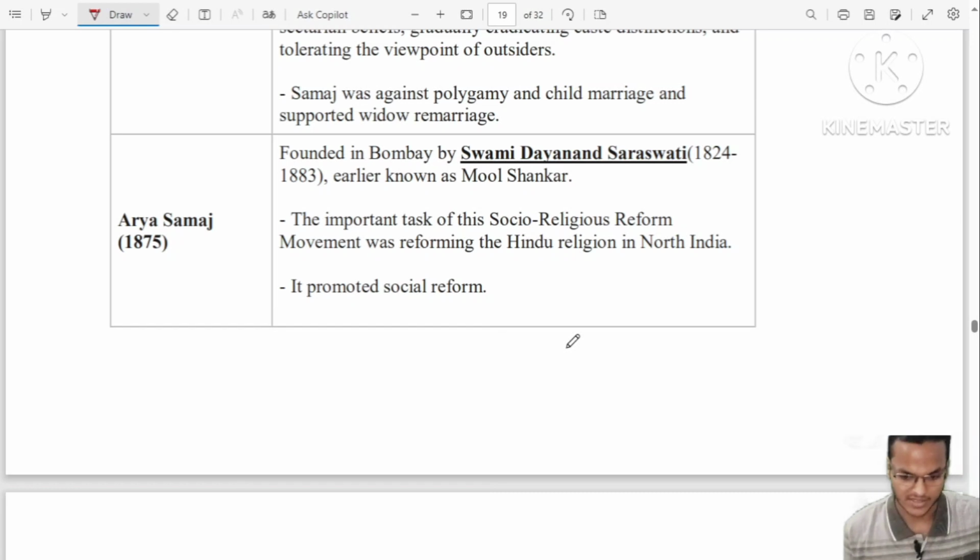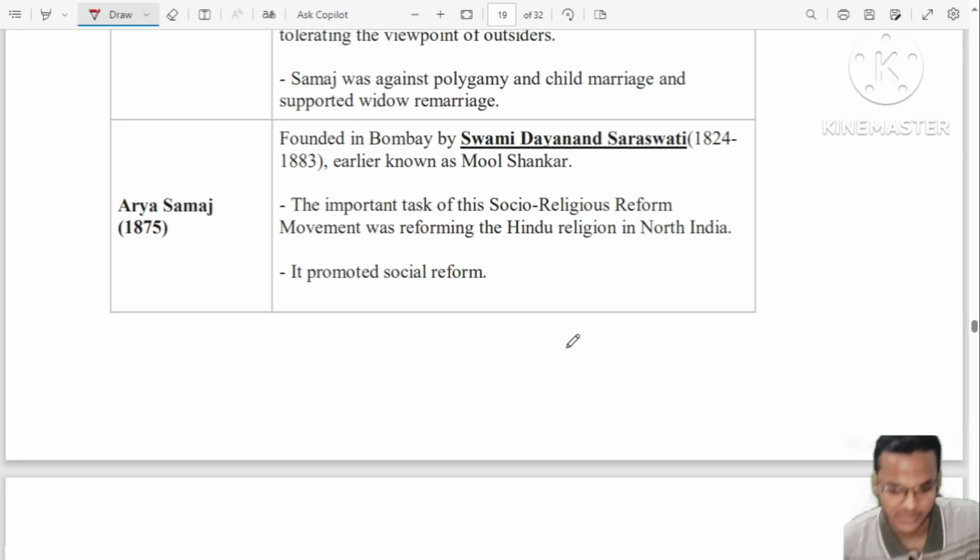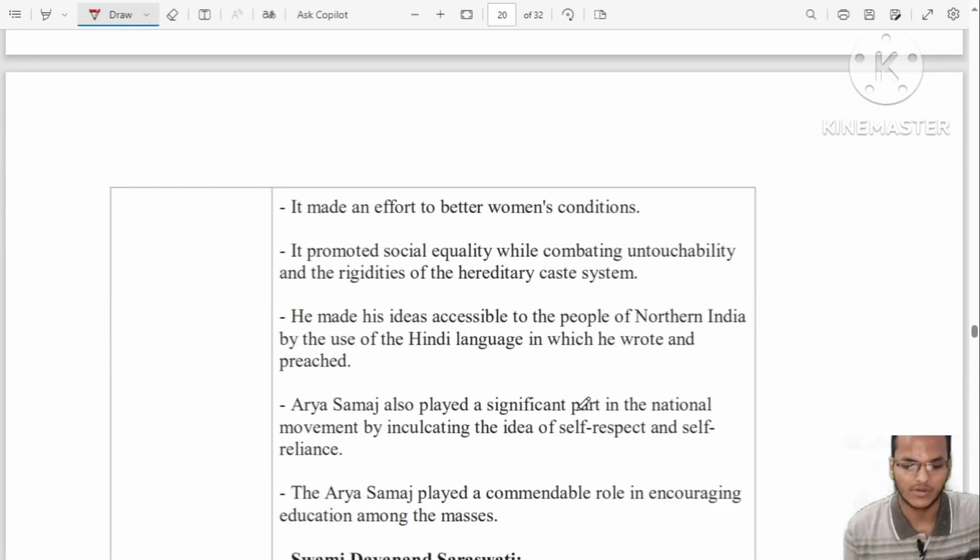Then next is Arya Samaj. Arya Samaj was founded by Swami Dayananda Saraswati. It was a very important point. It worked for better women's condition and combated untouchability and the rigidity and hereditary nature of the caste system.